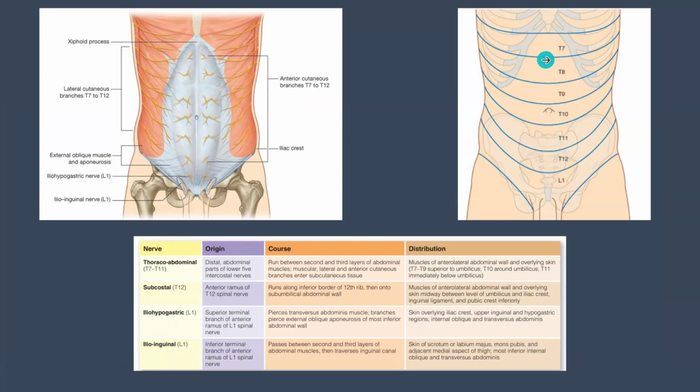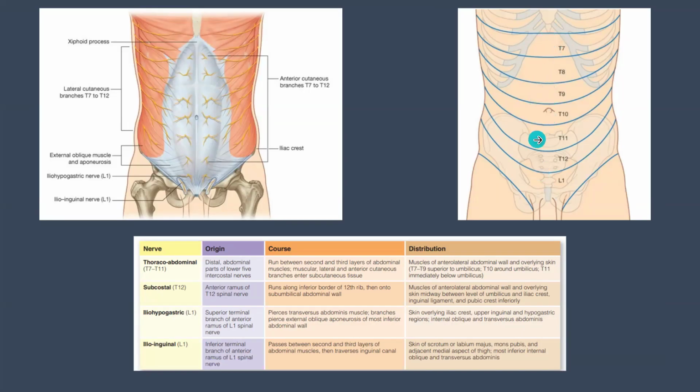For the skin, remember that around the sternum is C6, around the umbilicus is T10, and near the pubic symphysis is the L1 nerve root. So in between, you can imagine what would happen.